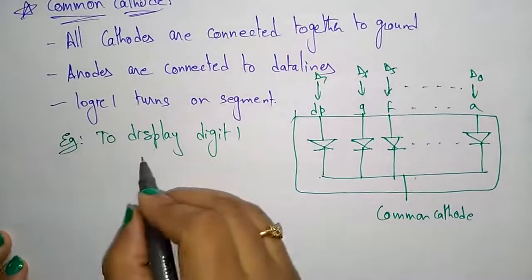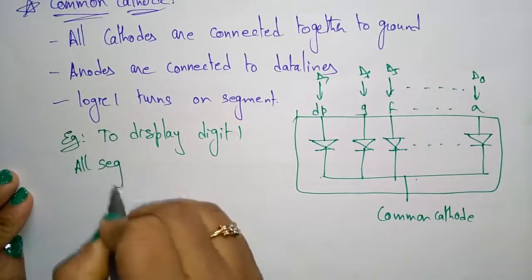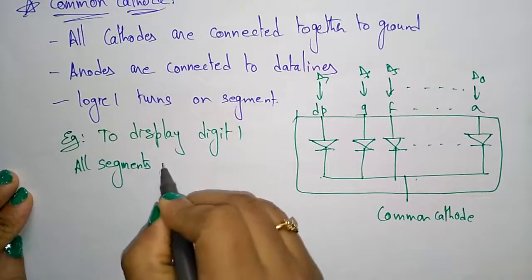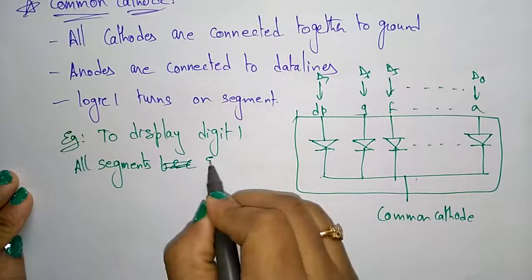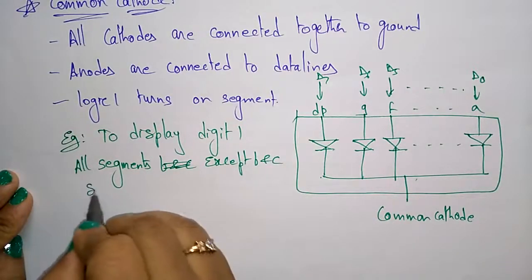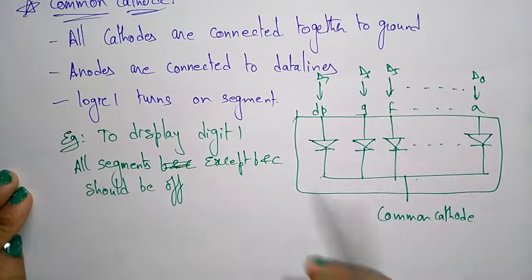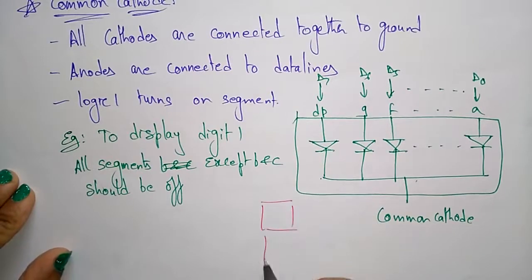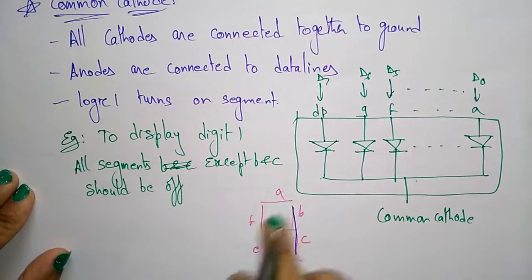So here if you want to display digit 1, all segments except B and C should be off. This is 7 segment A, B, C, D, E, F, G. So to display 1, except B and C, all should be off.